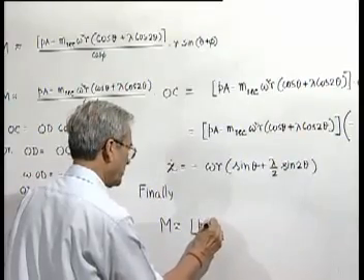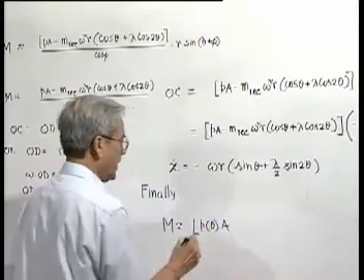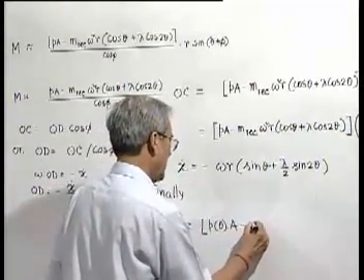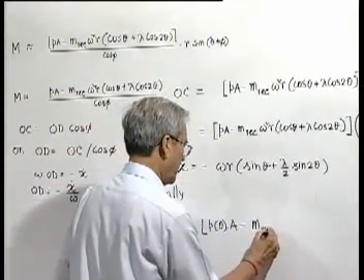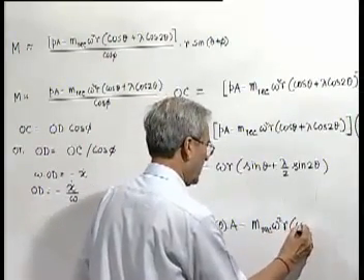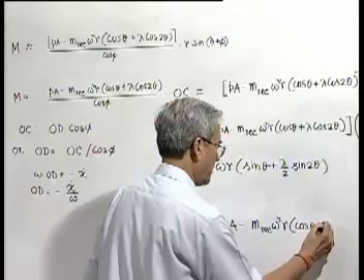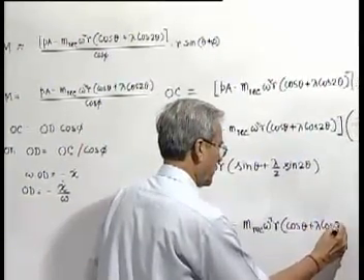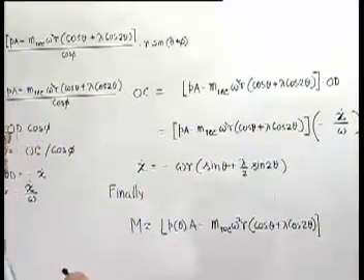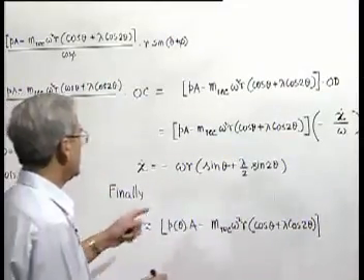P is a function of theta, that is the gas pressure. A is the cross-sectional area of the cylinder of the engine. Reciprocating mass omega square r. And minus x dot by omega is nothing but r.